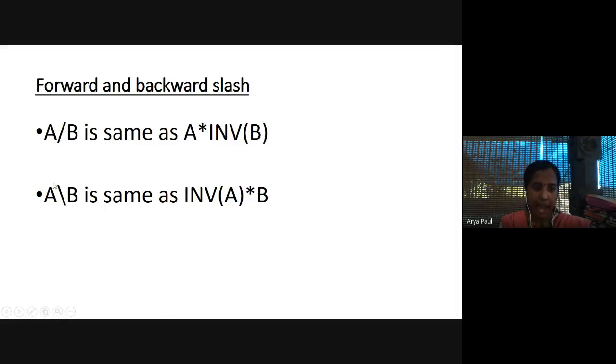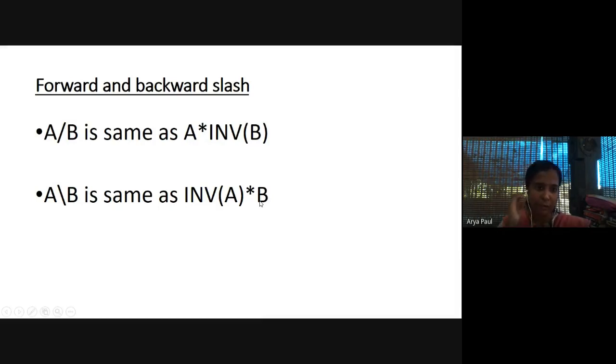And there is a backslash operator. A backslash B is the same as inverse of A into B. Both are different.